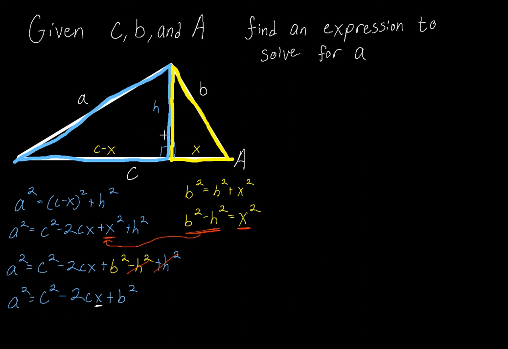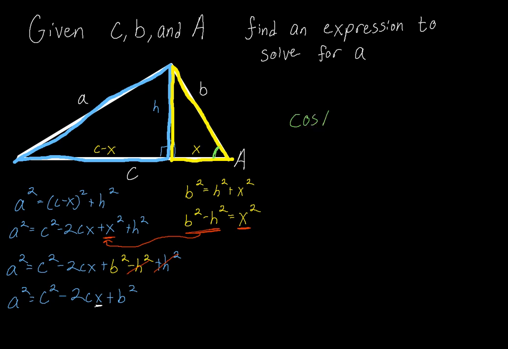Well, I have no more triangles to use Pythagorean Theorem on, but somebody else discovered, well, if we take this angle right here, remember this was given to us, we can use cosine.